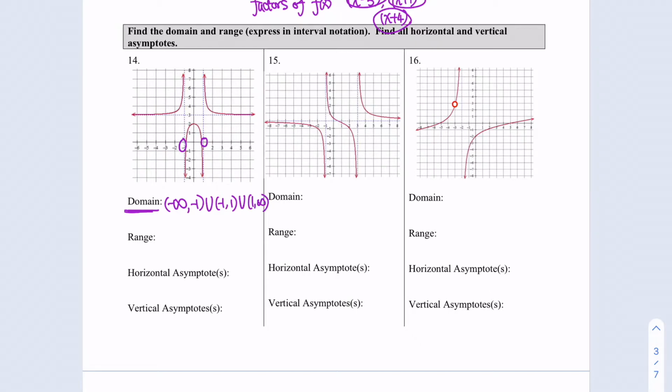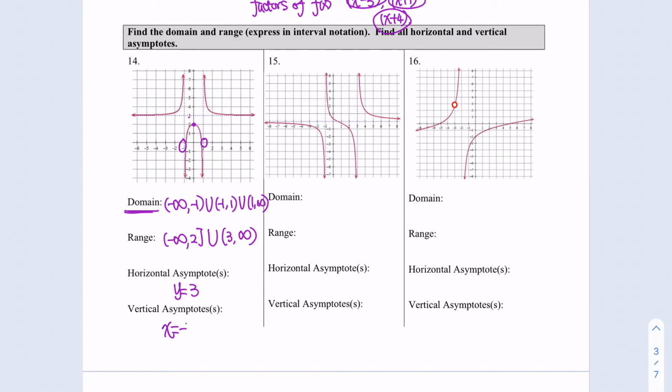And range, from negative infinity, top, it will reach here, and then there's a gap. So we'll start from 3, not included, to infinity. So look at the y direction. Horizontal asymptote, y equals 3. And vertical asymptote, x equals negative 1 and x equals 1.